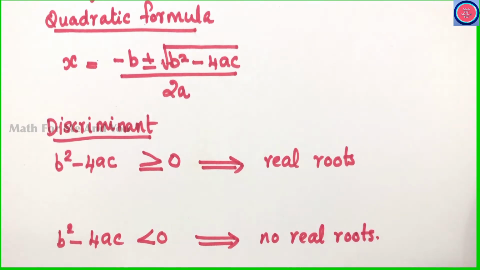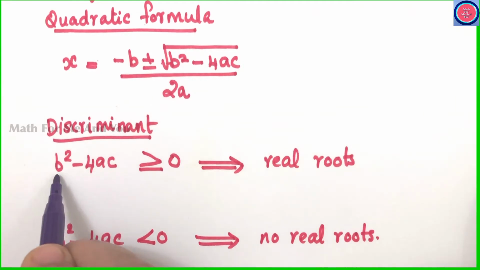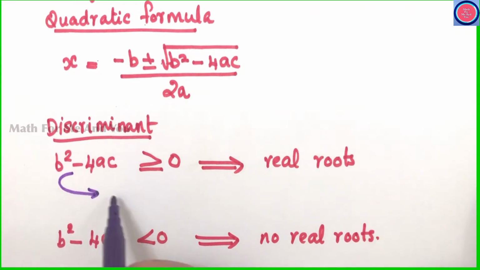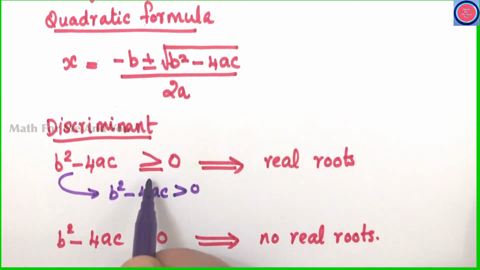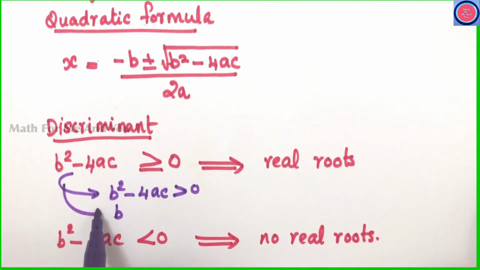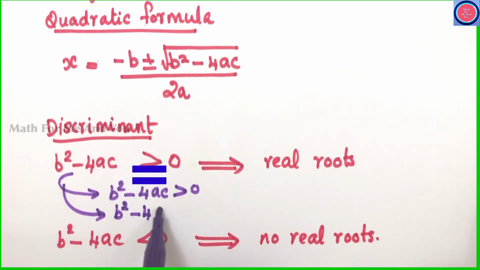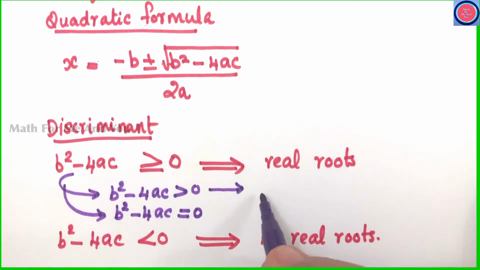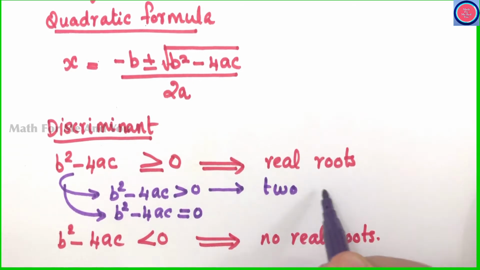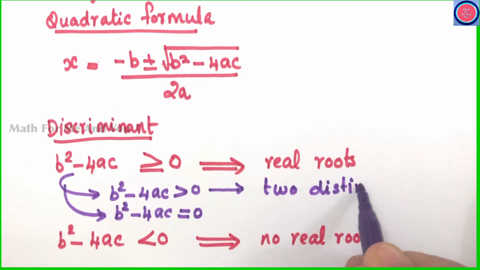The first condition, b square minus 4ac greater than or equal to 0, there we get real roots, but that condition we can split into two different conditions. First, if b square minus 4ac is greater than 0, we get two distinct real roots.